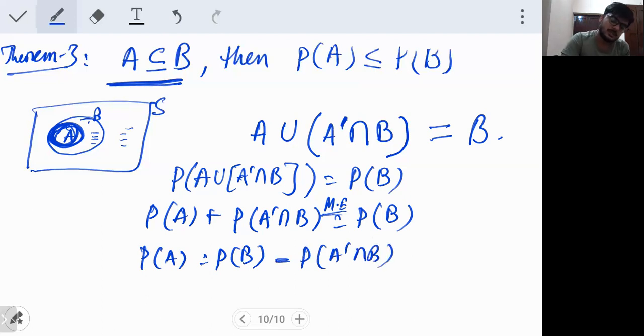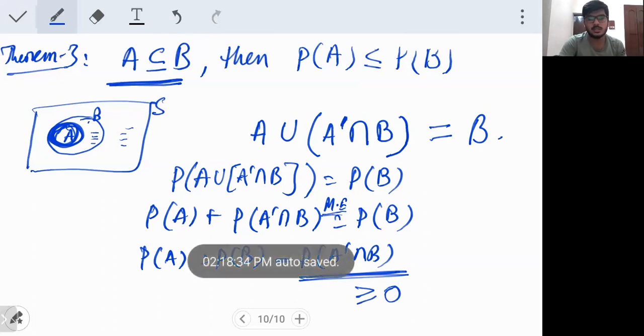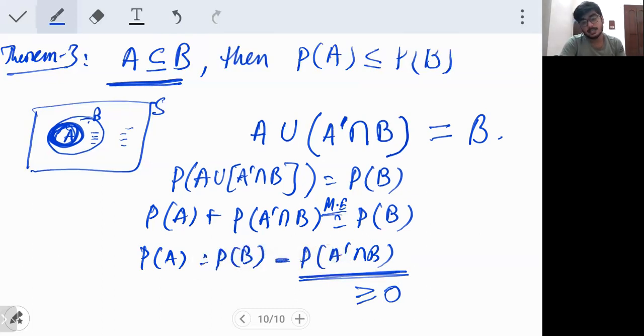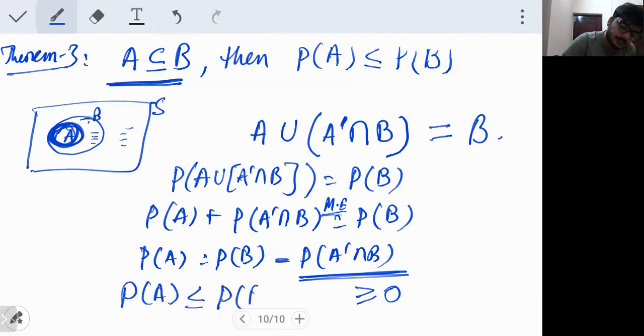One thing is very certain, that this value will always be greater than or equal to 0. There's no issue about this. And since it is greater than or equal to 0, what will happen? The probability of A will be less than or equal to the probability of B, right?